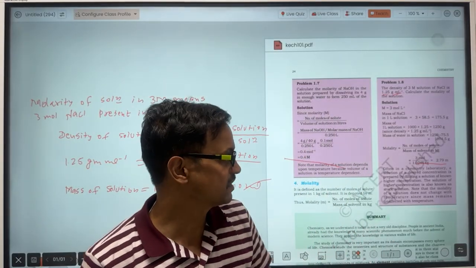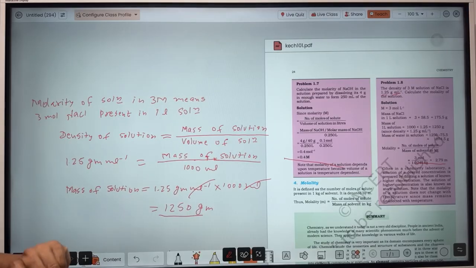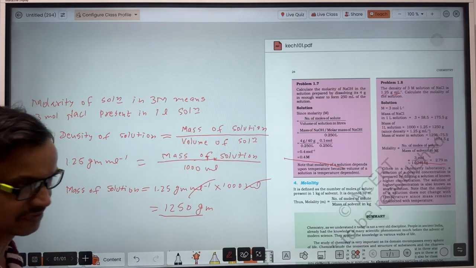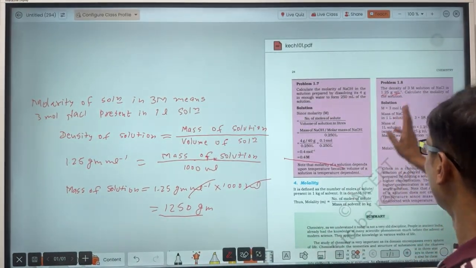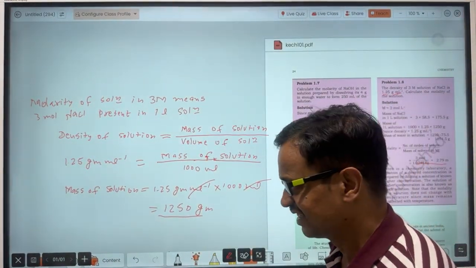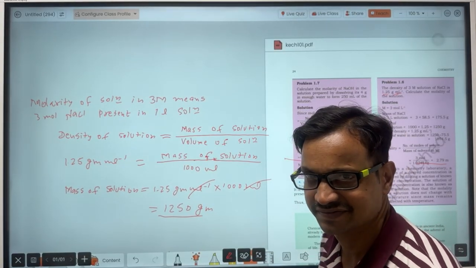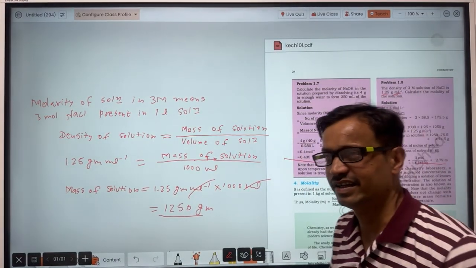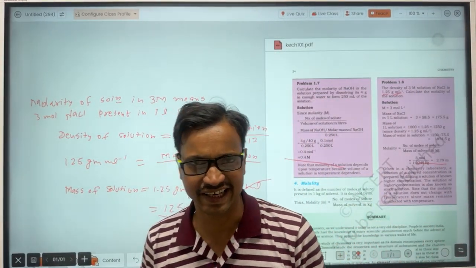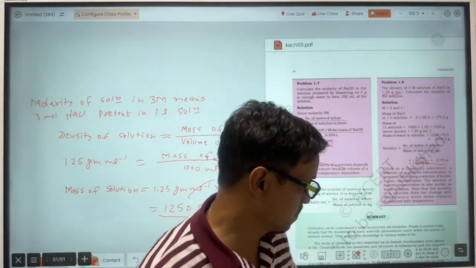When the volume of solution was 1 liter, then 3 moles of NaCl was present in that solution. And I am telling that 3 moles of NaCl is present in 1250 gram of the solution. A 3 molar solution means 3 moles of NaCl is present in 1 liter of the solution.